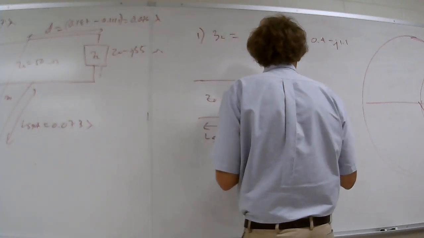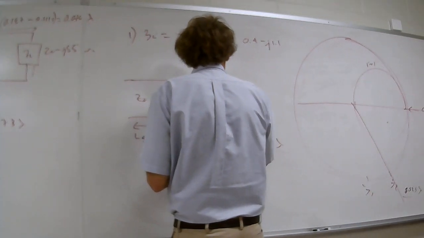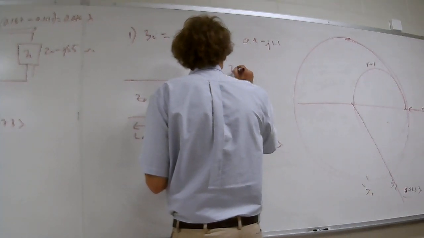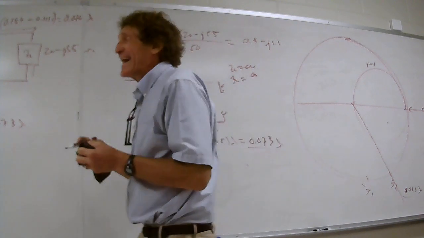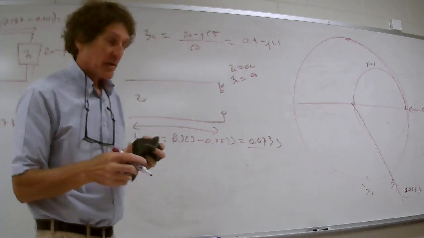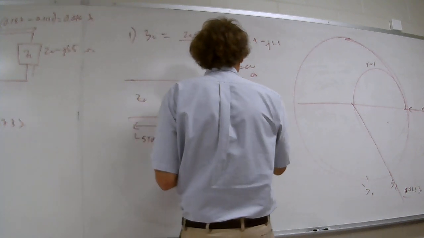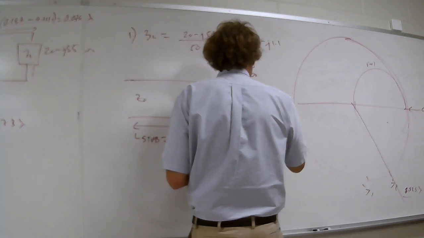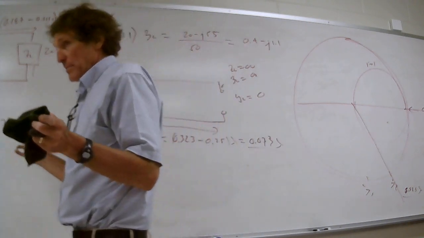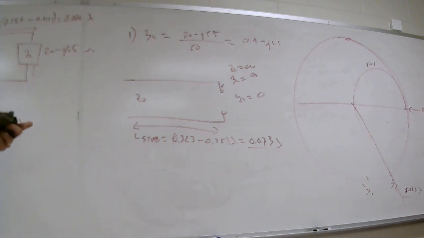So what is the impedance of an open circuit? Class? Infinite. What is the normalized value? Infinite. And what is the admittance? It's 0. So YL, or Y of the load of this open circuit stub, is 0. Everybody with me? I bet you see what's going on.